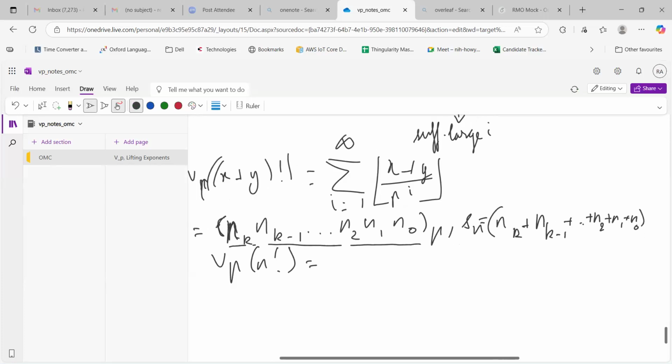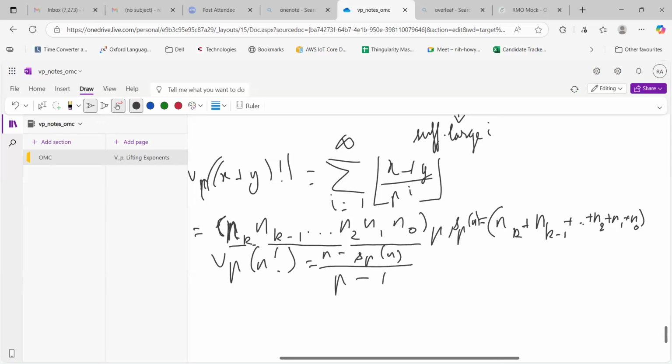Then I can prove that VP of n factorial, sorry, I've used wrong notation, my bad. I'll write this instead as SP of n. Okay, this makes more sense. I can prove that VP of n factorial is equal to (n minus SP of n) over (p minus 1).